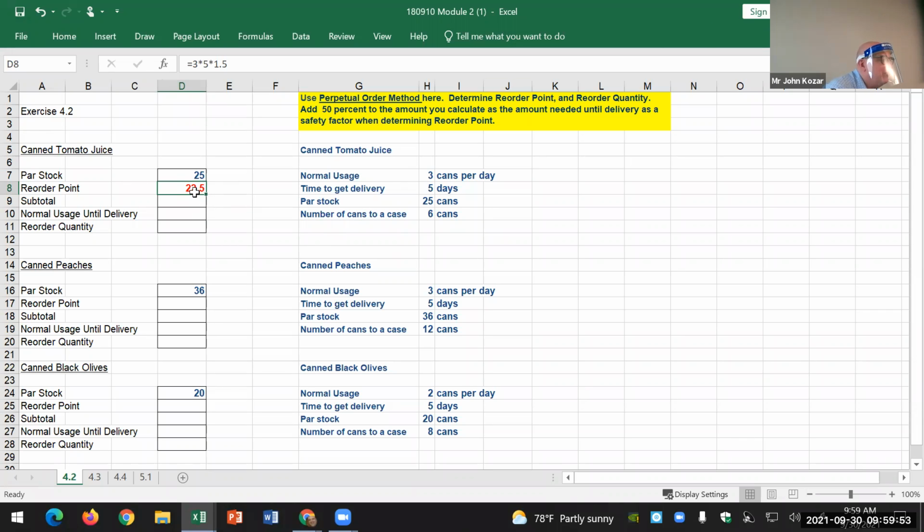I want to make sure I'm even doing it right. Needed until delivery. So we don't use the safety factor here. This is where we would add the safety factor. I'll do that back in my office.